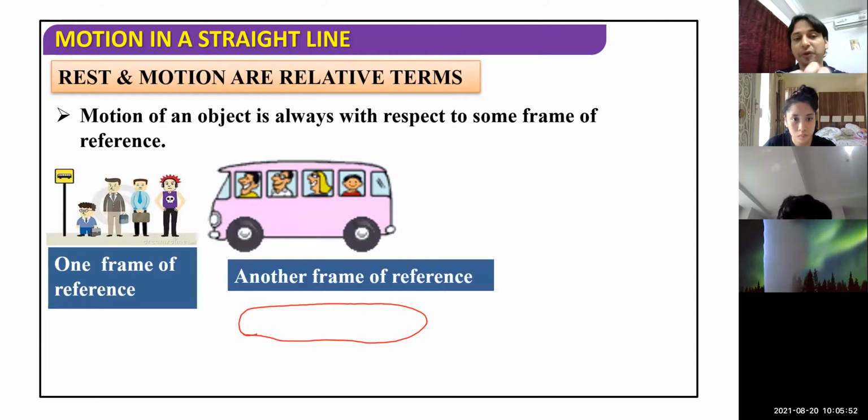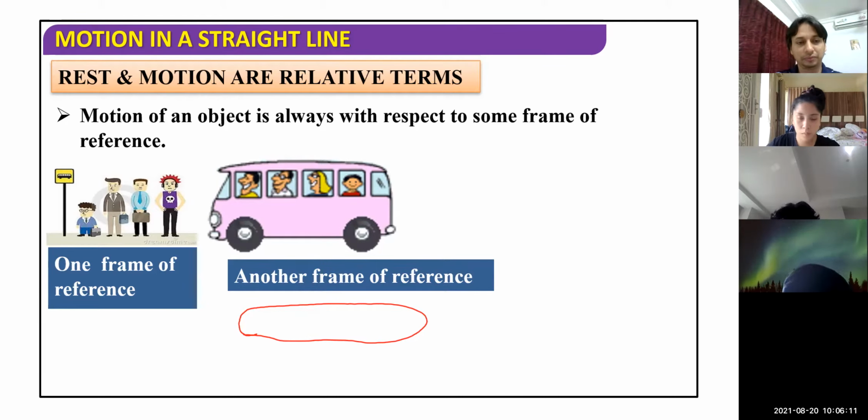Note down: motion of an object is always with respect to some frame of reference. It's a relative term, children, please remember that.